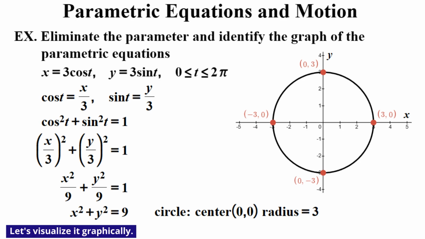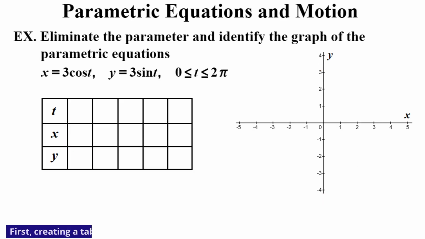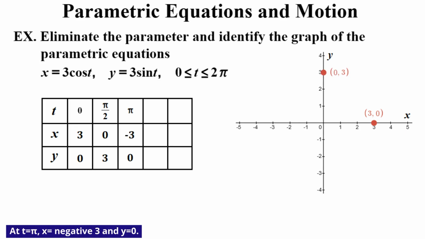Let's visualize it graphically. First, creating a table, we find that at t equals 0, x equals 3 and y equals 0. At t equals pi over 2, x equals 0 and y equals 3. At t equals pi, x equals -3 and y equals 0.